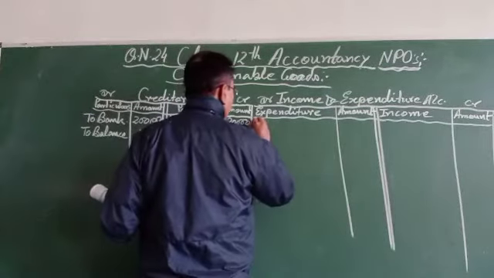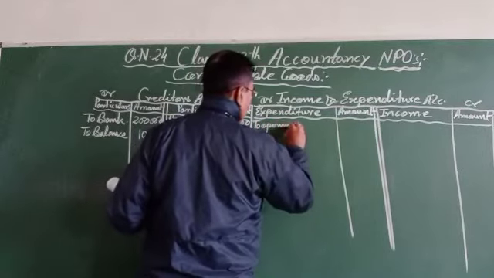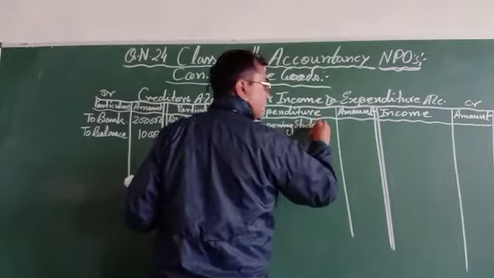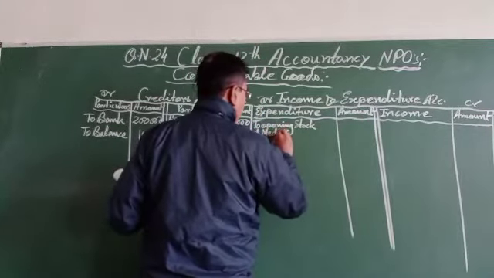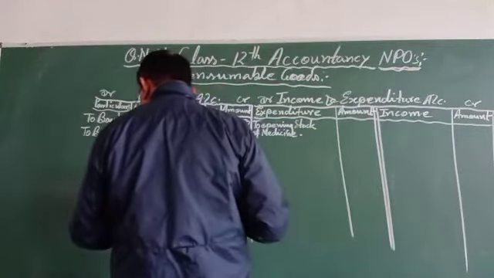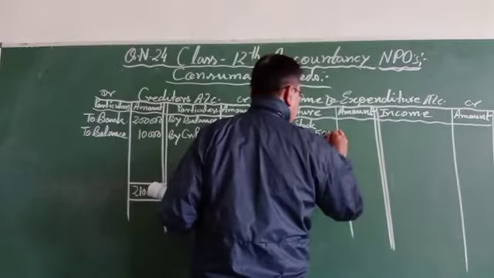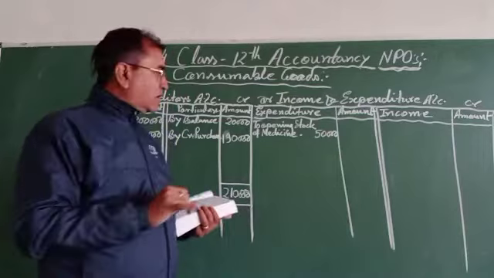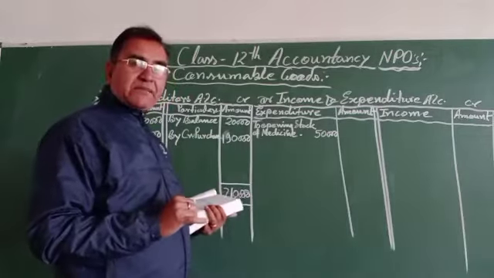We can write this way: to opening stock of medicine, that is given 50,000, written inside the amount column.